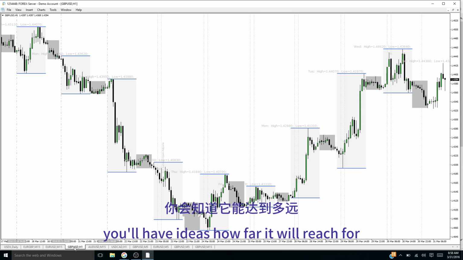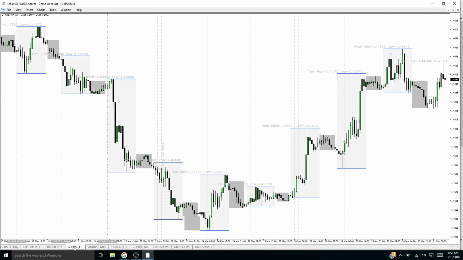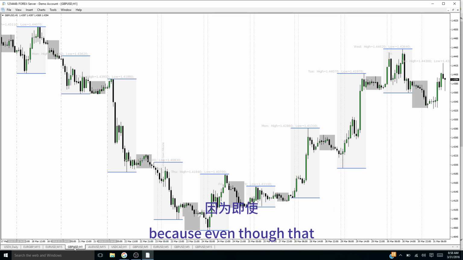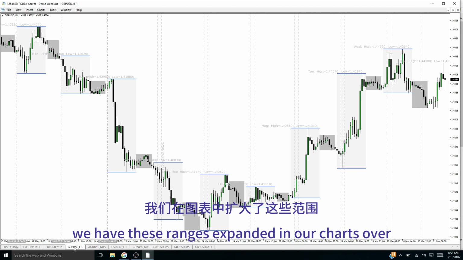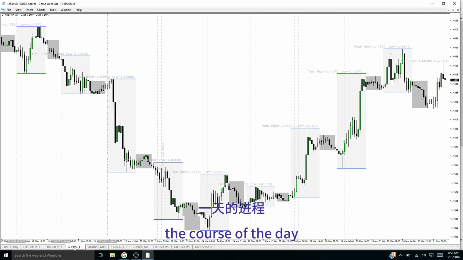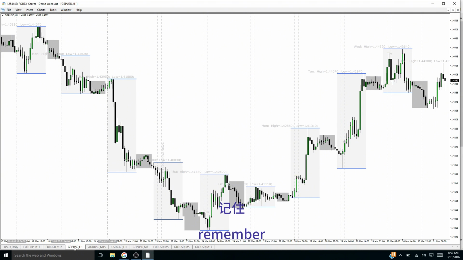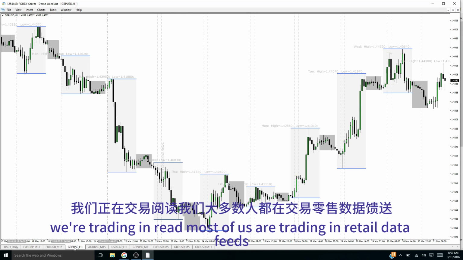You'll have ideas how far it will reach for, okay, and that's why you have to take profits at these predetermined levels, because even though we have these ranges expanded in our charts over the course of the day, they don't have to trade there. Remember, most of us are trading in retail data feeds.